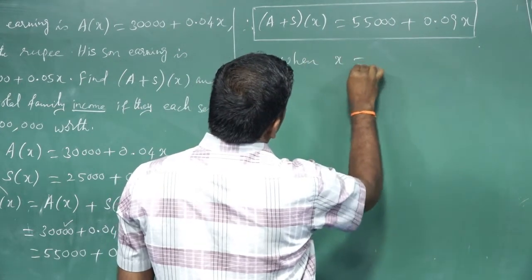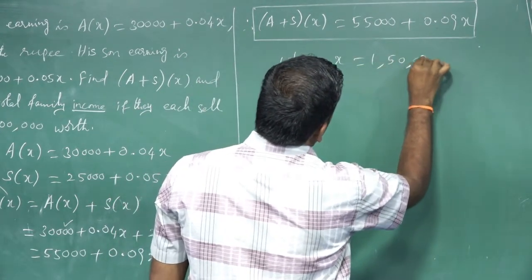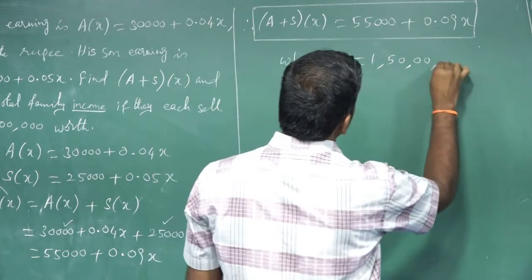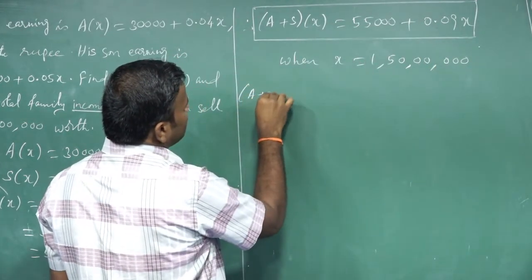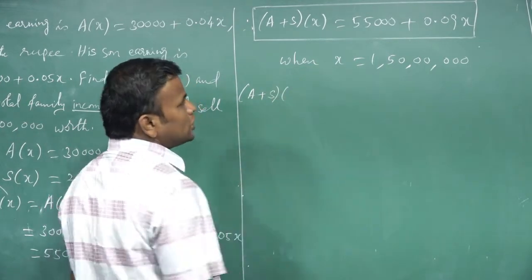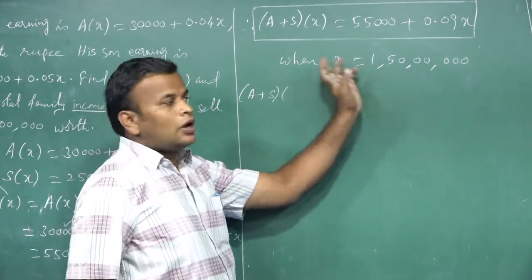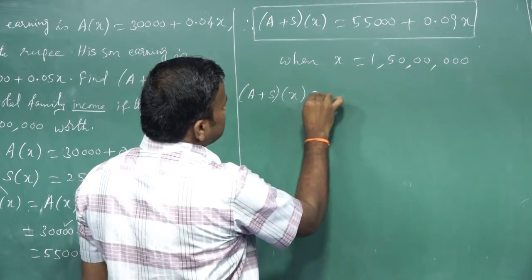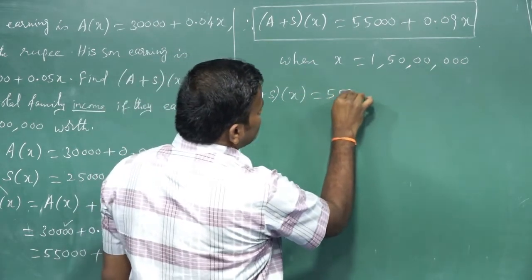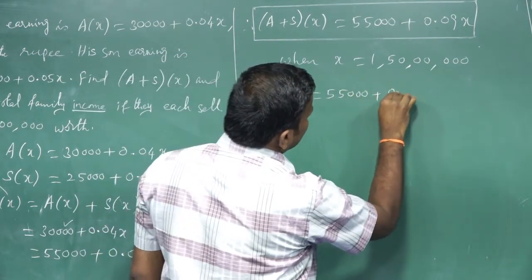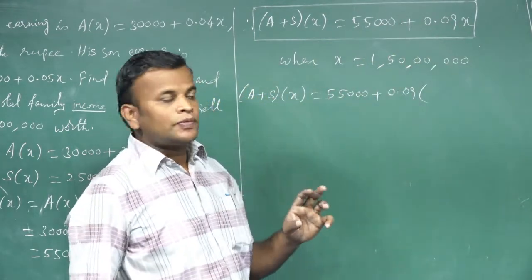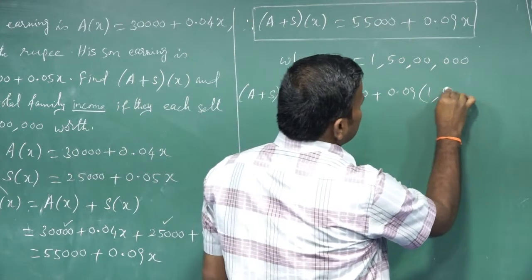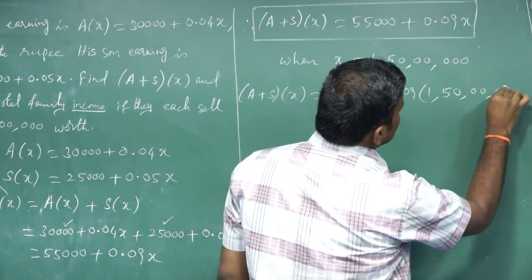When X is equal to 1 crore and 50 lakhs, A plus S of X, in LHS we just write X also, is 55,000 plus 0.09 into X. The value of X is 1 crore 50 lakhs.